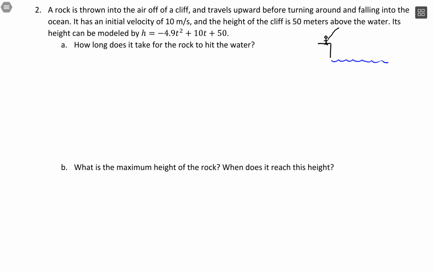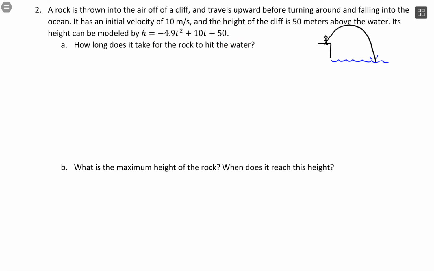So it's going to go up, turn back down, and then hit the ocean there. So we're seeing this parabola coming through. We're going to see the same kind of opening downward, so we'll have some maximum value occurring. The idea is that we'll have some height that we can map as time is passing after throwing that rock. Now, they give us the formula right here.